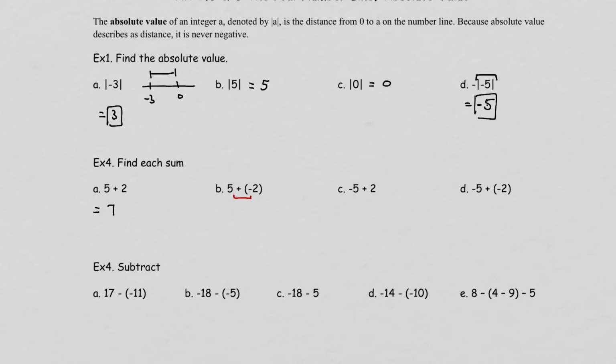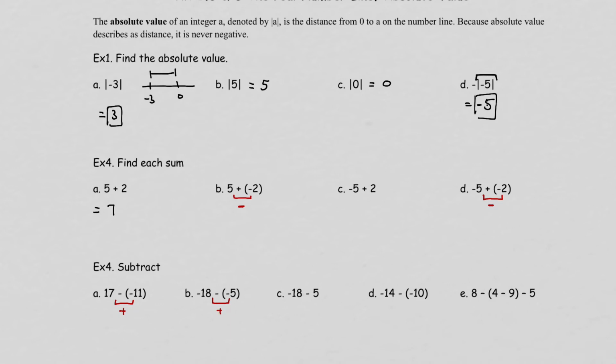Adding a negative number is the same as subtracting. Subtracting a negative number is the same as adding. That's the part you want to remember. Again, subtracting a negative is the same as adding.